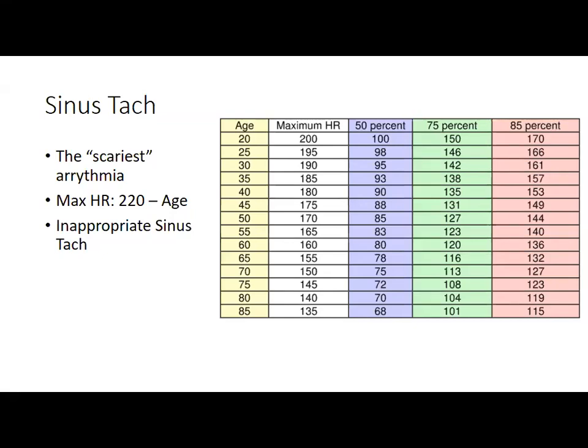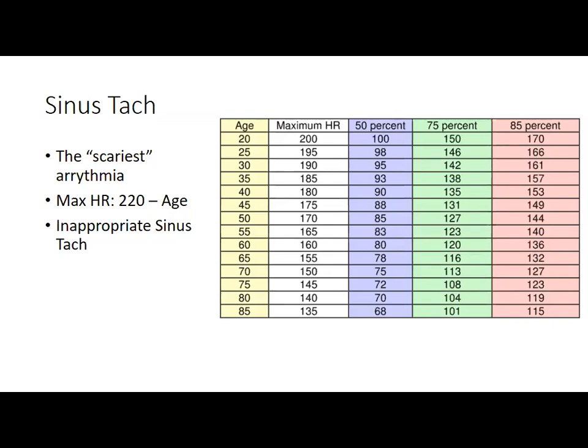So if they have a reason to be tachycardic, sinus is going to be more likely. If they don't have a reason and they're just sitting there and they're weirdly tachycardic, think about an arrhythmia. Obviously, some arrhythmias like AFib with RVR can make you short of breath and feel bad. That would give you the impression that you would be in sinus tach, but it's a good general principle to keep in mind. Remember that your max heart rate is 220 minus your age.